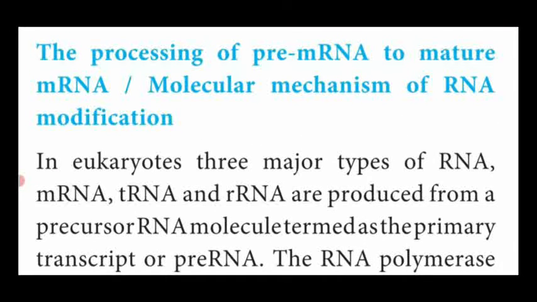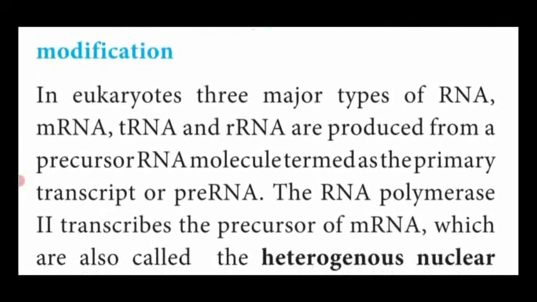Precursor RNA is modified into mature RNA with the help of an enzyme. That process is called processing, which takes place in the nucleus region. After that, it enters the cytoplasmic region.